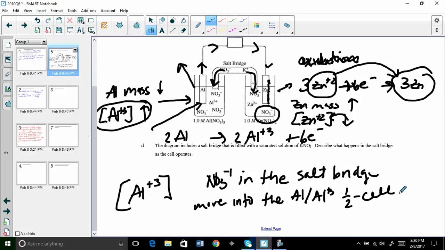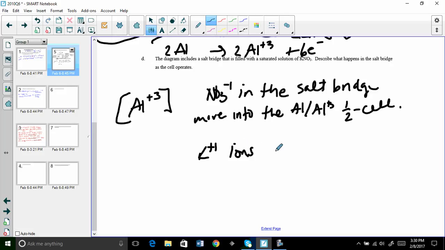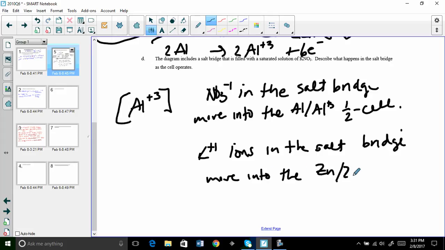The other thing that happens, and I'm not entirely sure, you can look at the scoring guidelines on this. They haven't changed the scoring guidelines on this, but what you need to say here is that the K plus ions in the salt bridge move into the zinc metal, zinc ion half cell.